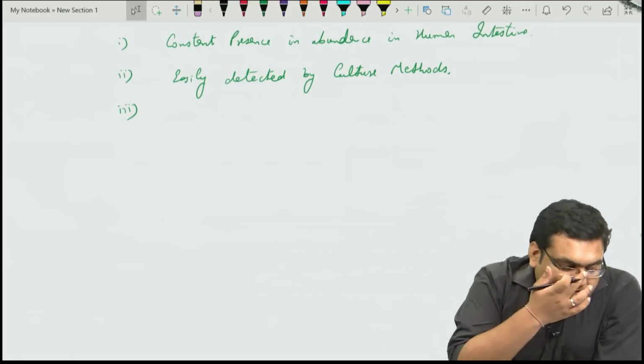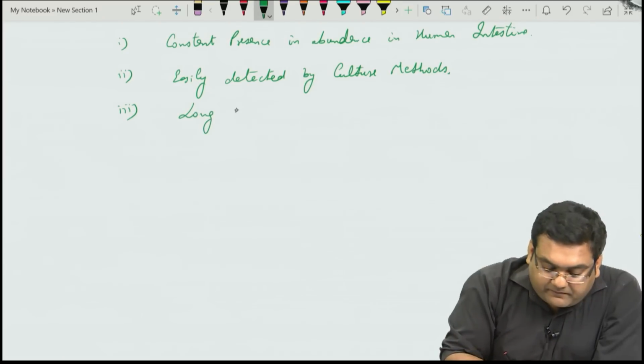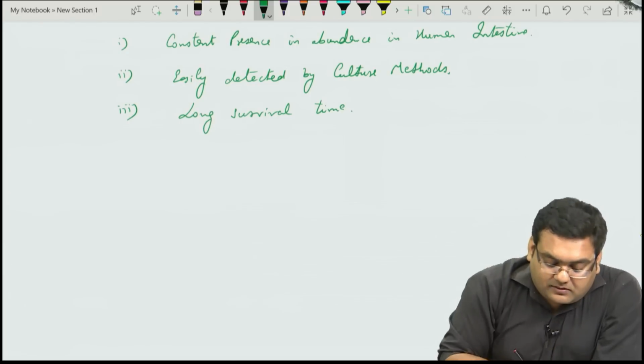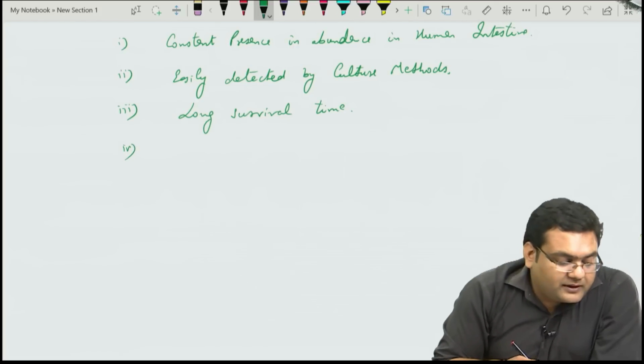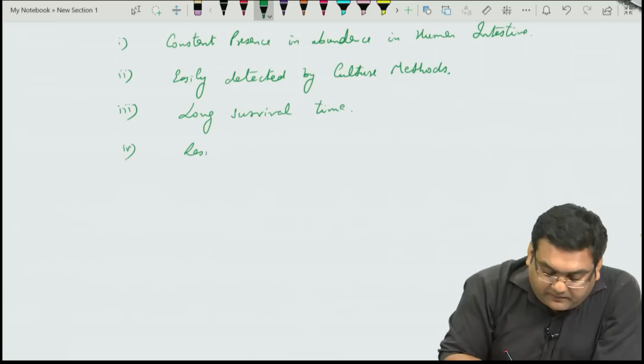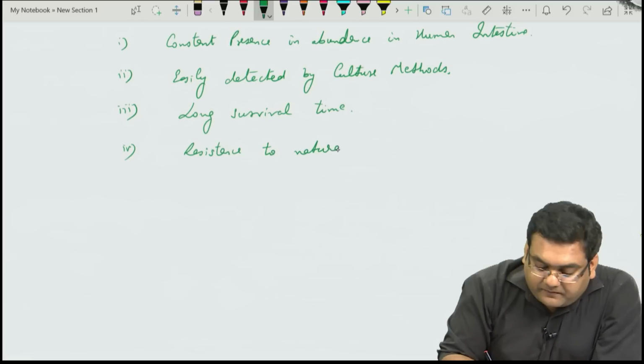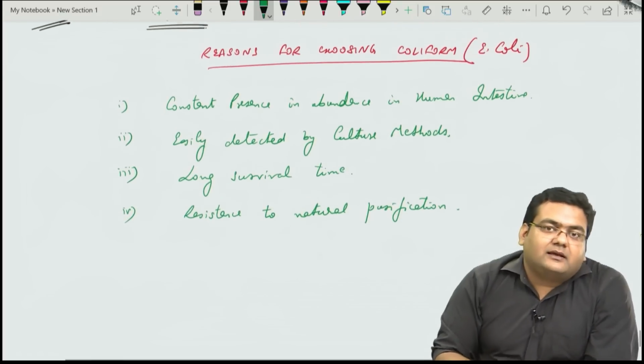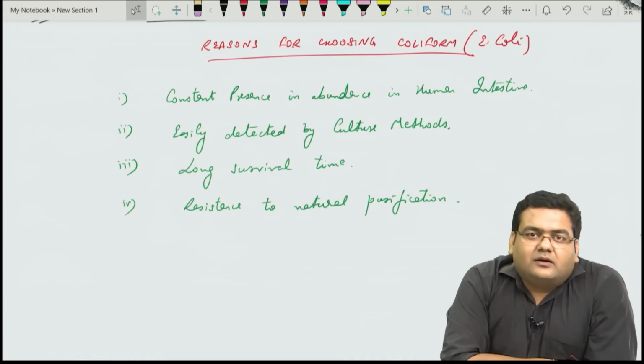Third important point is long survival time in contaminated water. And fourth important point is resistance to natural purification of water. All these 4 points make E. coli a favorable coliform for detection of fecal contamination of water.